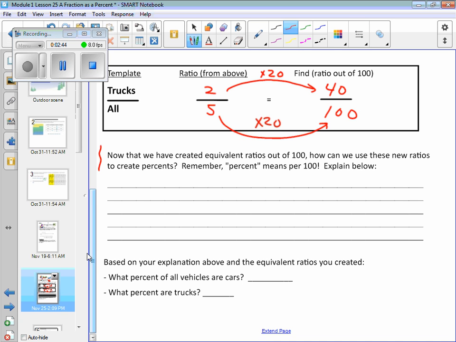Yeah, it's as simple as that. Once you've created an equivalent ratio with a denominator of 100, our numerator automatically becomes our percent. So we're just going to write that down.